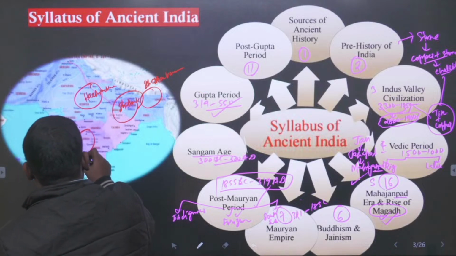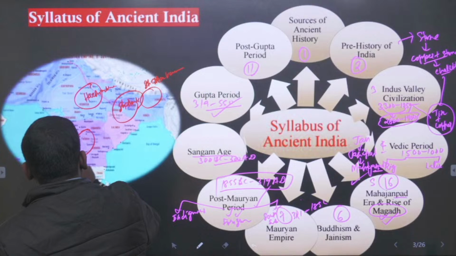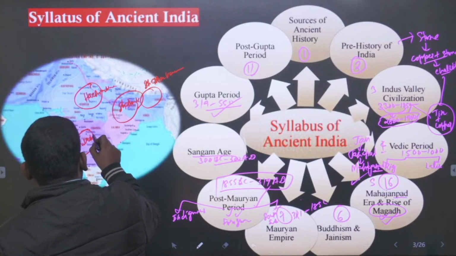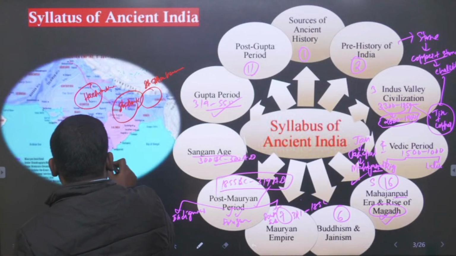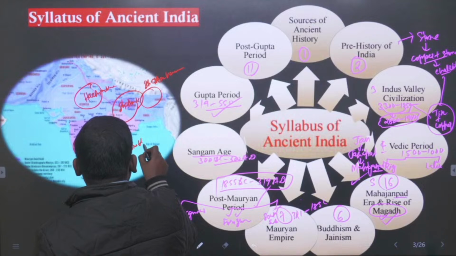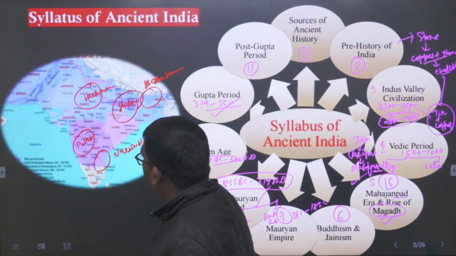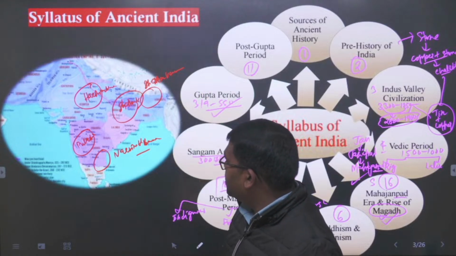Then in the Chalukya we have Pulkishan second, and finally in the Pallavas we have Narsim Burman. So these are the 5 important rulers of our time. They were contemporary to each other in 700 AD.